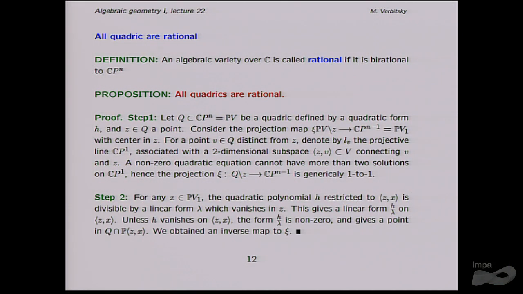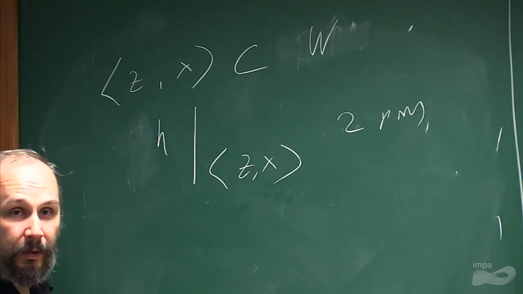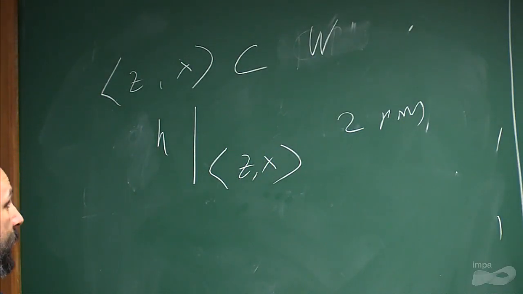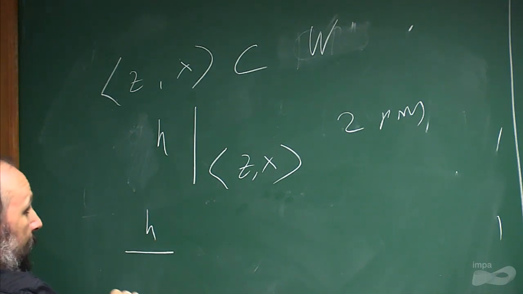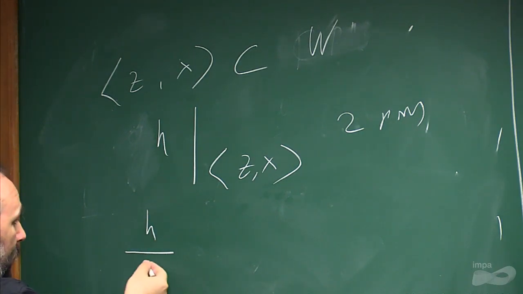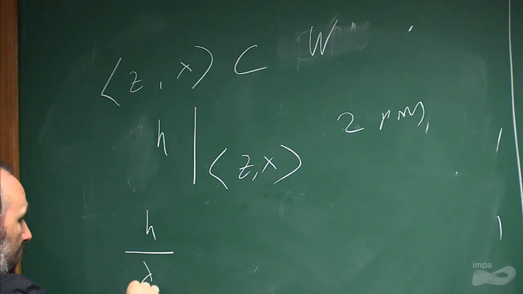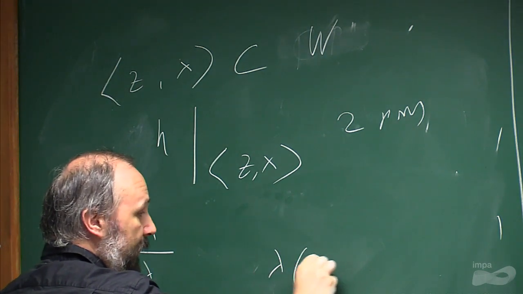So you restrict H to this, Z and X. And for a general subspace, this is 2 points. One of them is Z. So there is another point which you can actually write explicitly by taking H and dividing it by the form vanishing in Z, lambda, where lambda of Z is equal to 0.